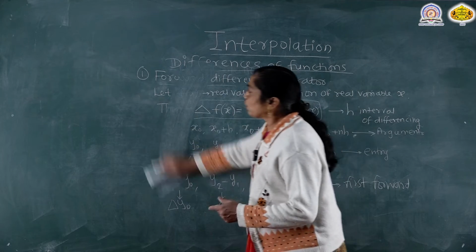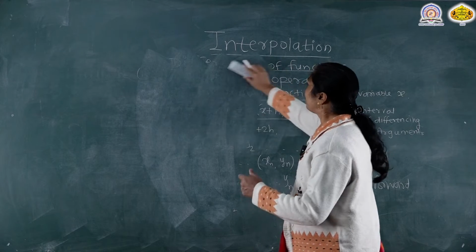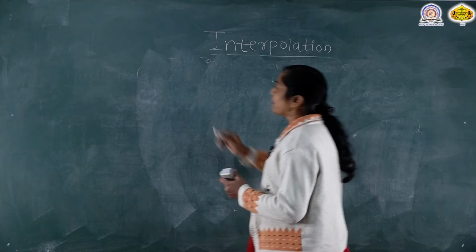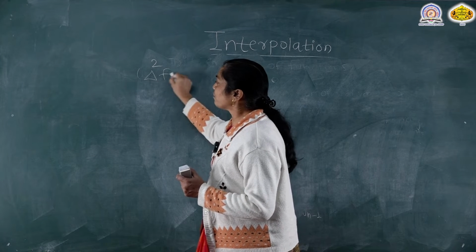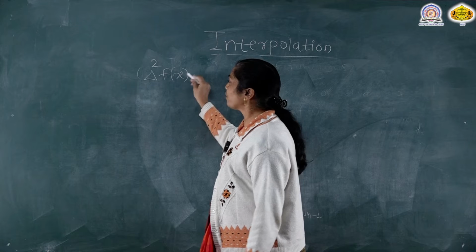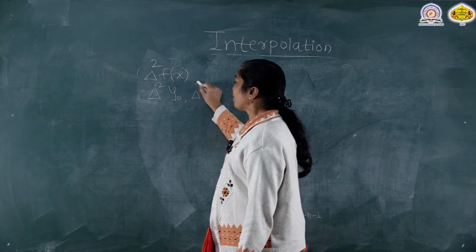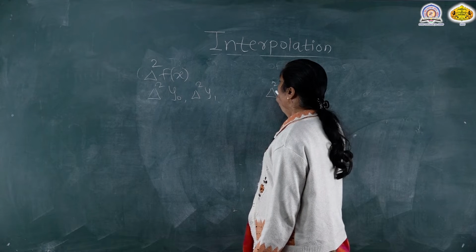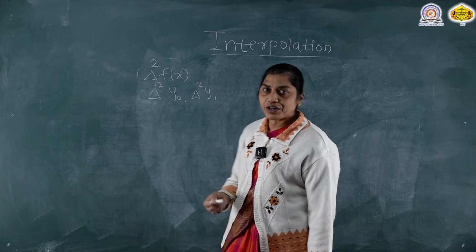The second forward differences are nothing but differences of the first forward differences. They are denoted by delta square. So what is delta square of f(x)? It is the second difference operator, or we can say delta square y0, delta square y1 and so on up to delta square of yn minus 2. These are second forward differences.